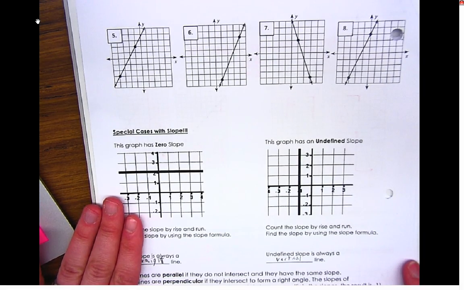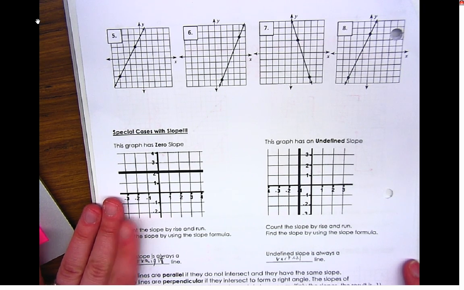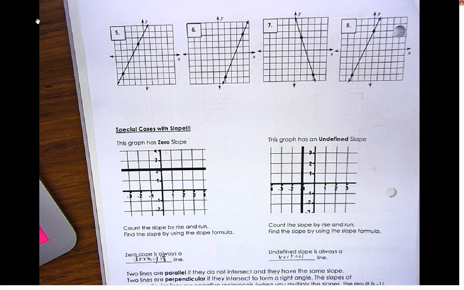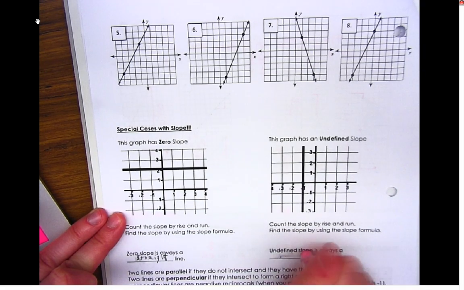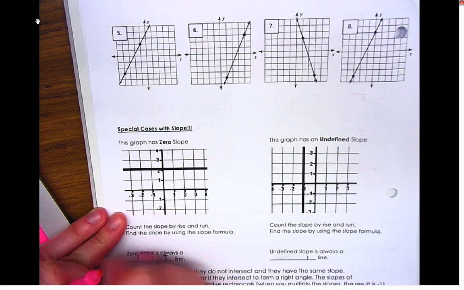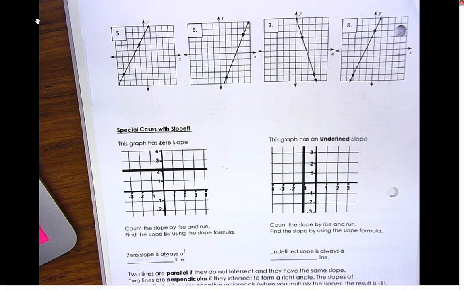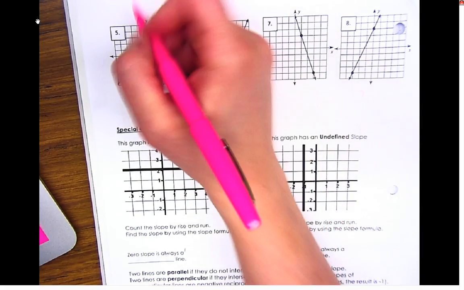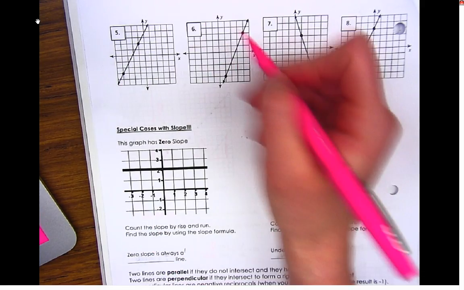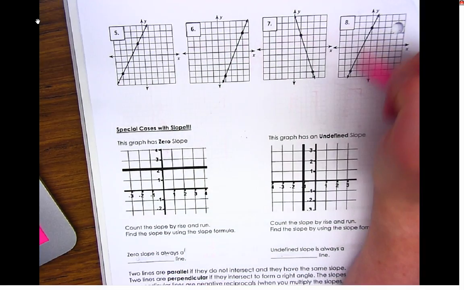All right, go ahead and pause and take a look at these next four. Identify if they're positive or negative and what their slope is. All right, so here I see that this one is going uphill, uphill, downhill, uphill.